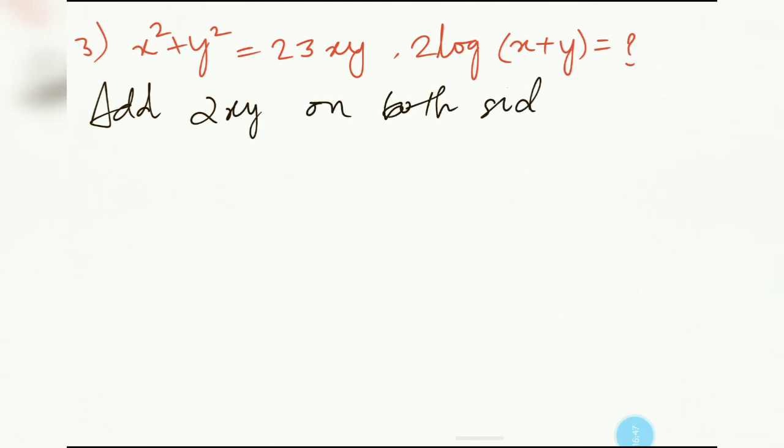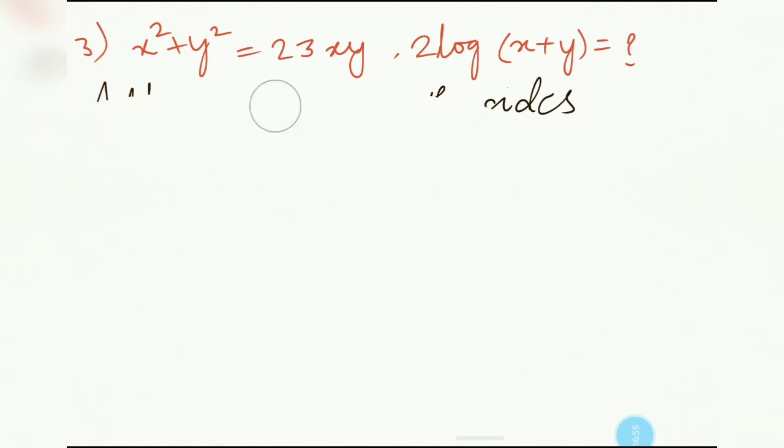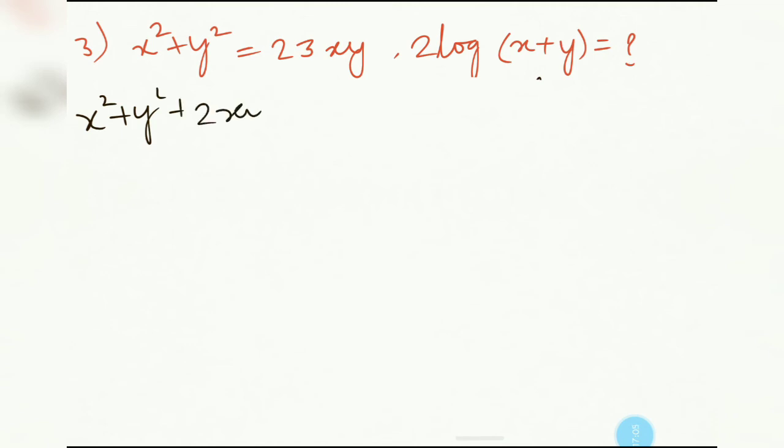Okay, so you just write the statement, and I'm going to erase the statement because space wouldn't be sufficient for me to solve on the screen. You write that statement. I'm going to add it now. So x square plus y square plus 2xy is equal to 23xy plus 2xy, because we have just added 2xy on both the sides.